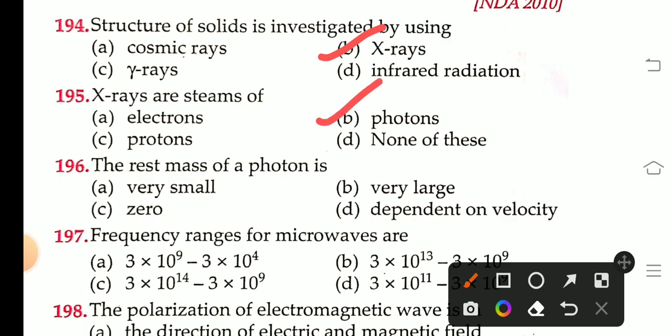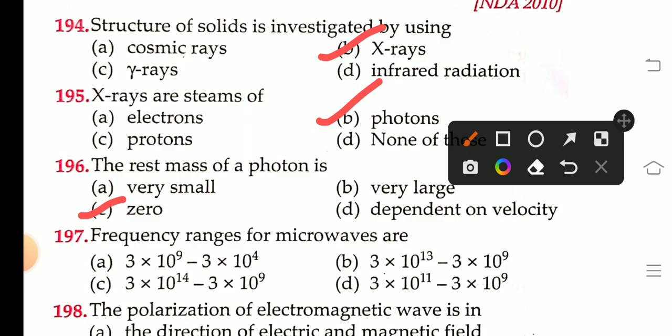Next, the rest mass of a photon is right answer will be option C, 0. Next, frequency ranges for microwaves are right answer will be option D, 3 into 10 to the power 11 to 3 into 10 to the power 9.